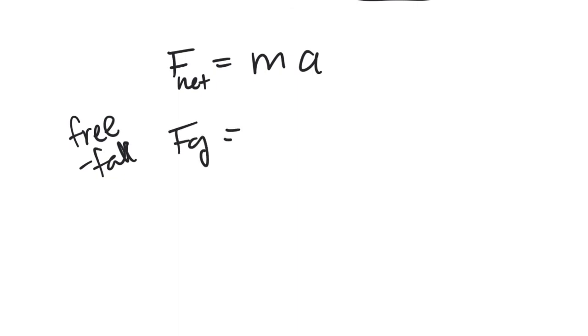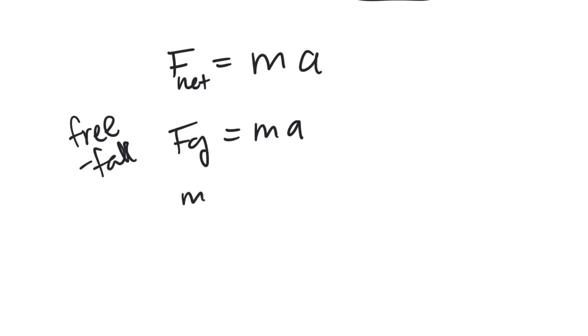So the net force of my object is going to be due to object Y falling down. If object Y falls down in free fall, then my net force is going to be due to free fall. So it's going to be due to F of G equals ma.